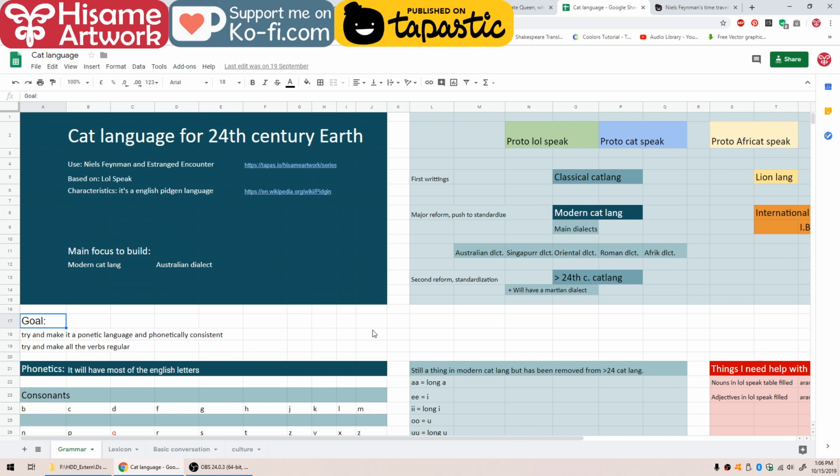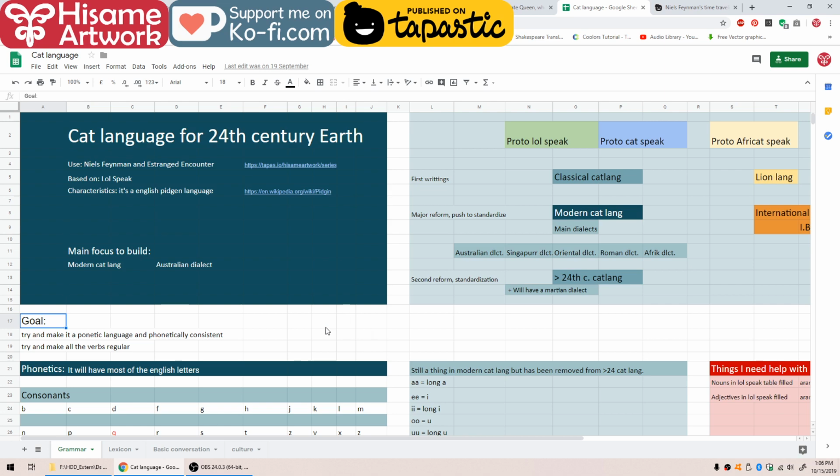and to base it off lol speak. So all of those cat memes you see on the internet with the bad English and grammar and things like that, I've tried to kind of standardize that and make it into a Pidgin language for my futuristic talking cats in my comic book.